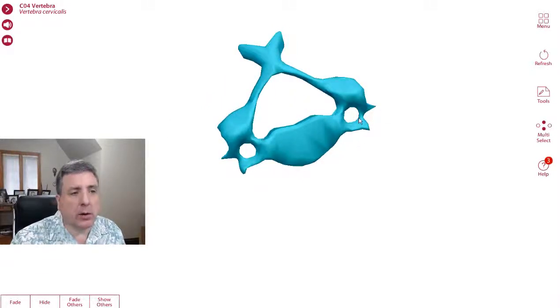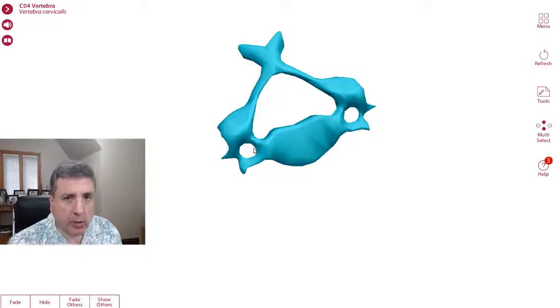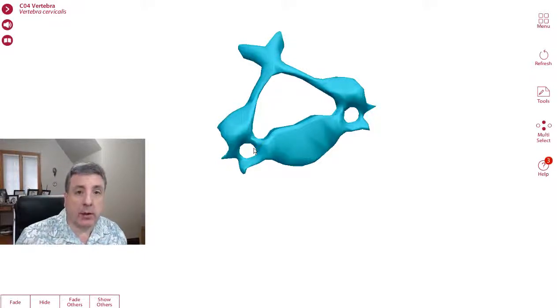These are unique to the cervical spine, and those holes are called the transverse foramen. And the transverse foramen carries the vertebral artery, which helps to feed the brain or provide blood to the brain. Okay, so these are transverse foramina.